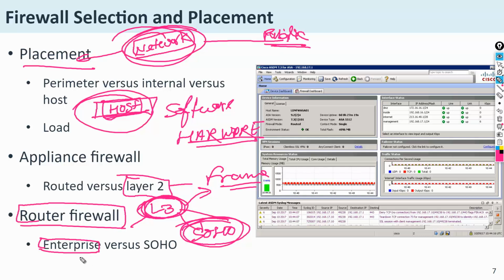What is different is their performance, capabilities and features.